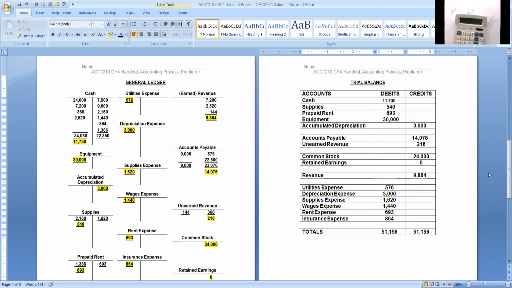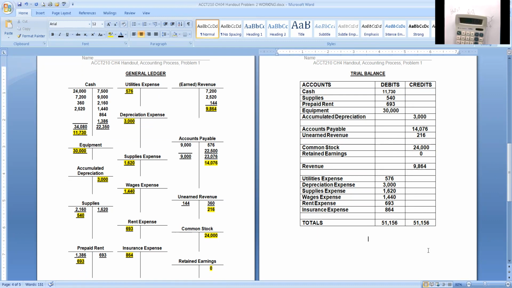Is there anyone that didn't balance on that? If you didn't balance, what you can do is compare the debits and the credits and see what the difference is. So subtract them. So for instance, if you subtracted them and you came out with a difference of, let's say, 540.